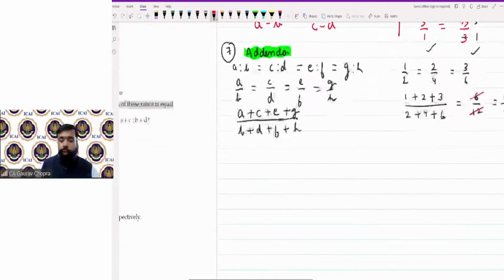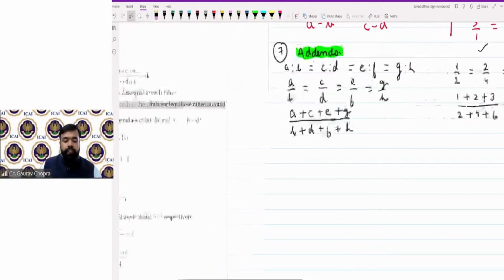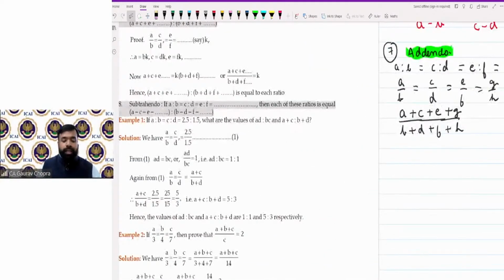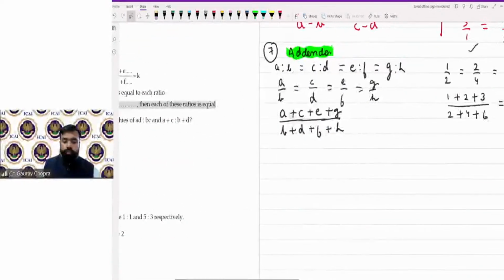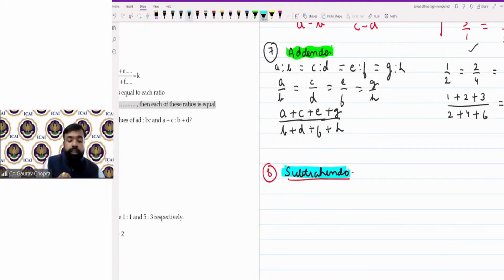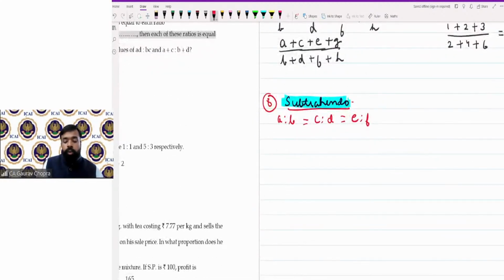So this is addendo. Now there is the last property, which is known as subtrahendo. Now in subtrahendo, what we have to do? Let's say again, this is the situation: A ratio B equal to C ratio D equal to E ratio F. Or you can say A by B equal to C by D equal to E by F is given.